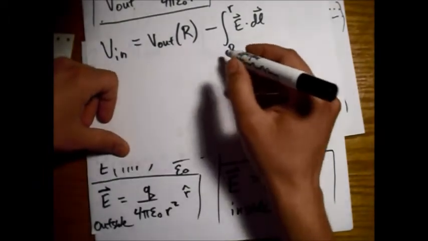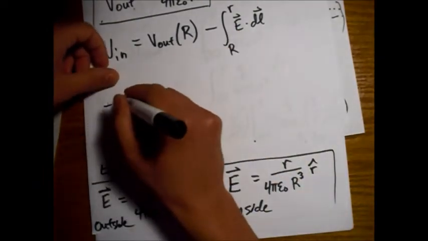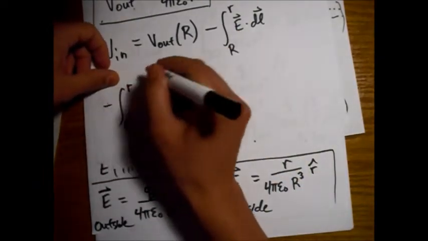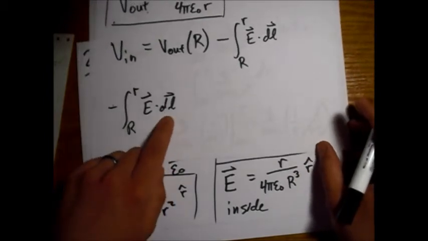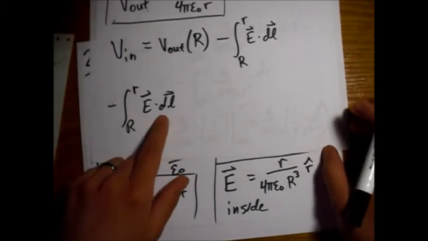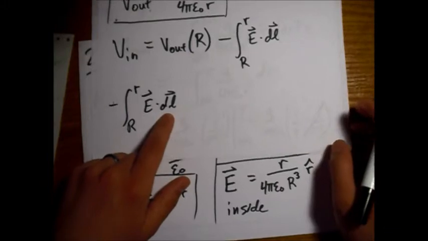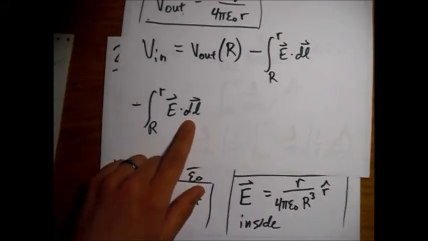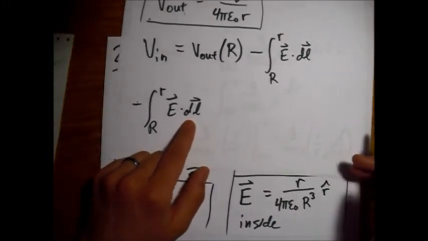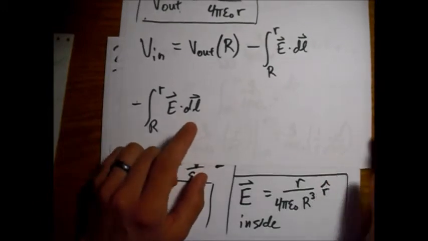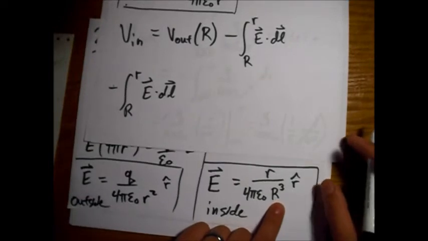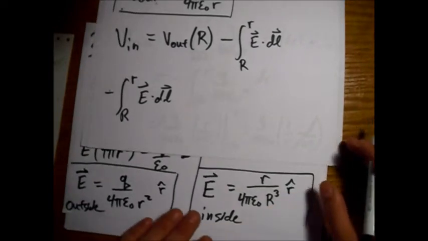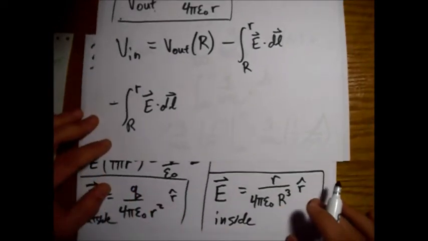So I'll just write this integral out here so we know what we're doing. Again, in spherical coordinates, the radial component of dl is easy. It's just dr in the r hat direction, right? The radial component. And that's the only one that we're going to need here. The r hats will give us one, just like before.